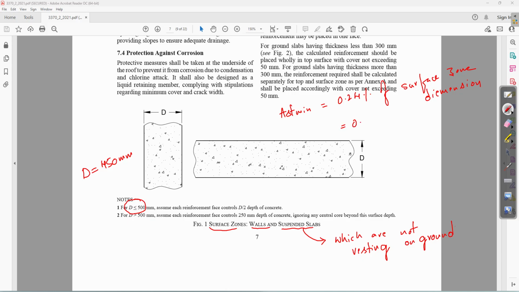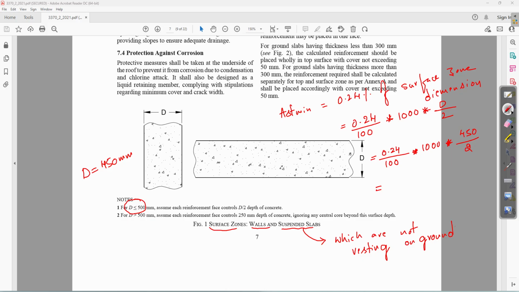So how to calculate this surface zone dimension? 0.24% means 0.24 divided by 100 multiplied by, for 1 meter width, 1000. Whenever your wall thickness is less than or equal to 500 mm, assume each reinforcement face controls d by 2 depth of concrete. So here surface zone dimension is d by 2. So in this case 0.24 divided by 100 multiplied by 1000 multiplied by 450 divided by 2.